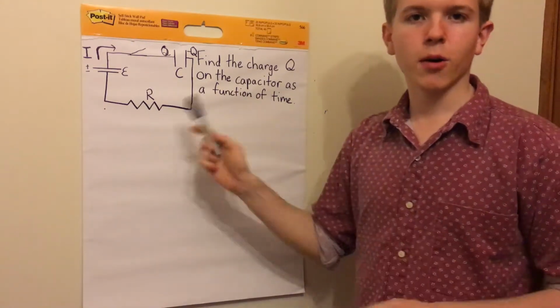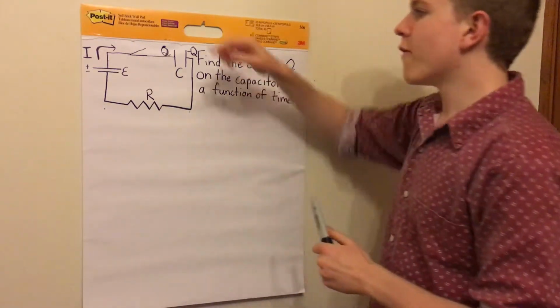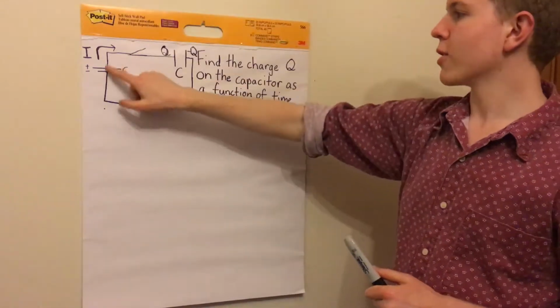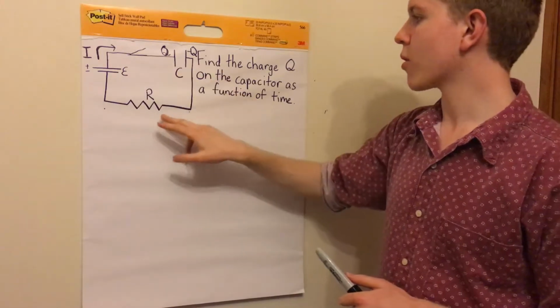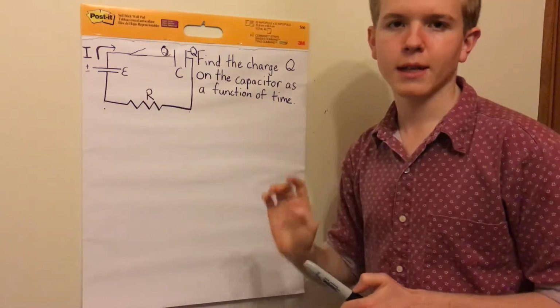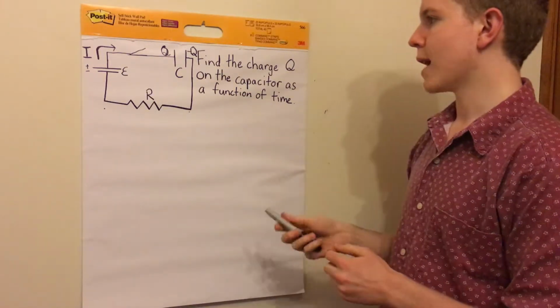So, what do we know about circuits? Well, the first thing you should remember when you see a circuit like this is that the sum of the voltage differences across the different components must always equal 0. Now, why is that?